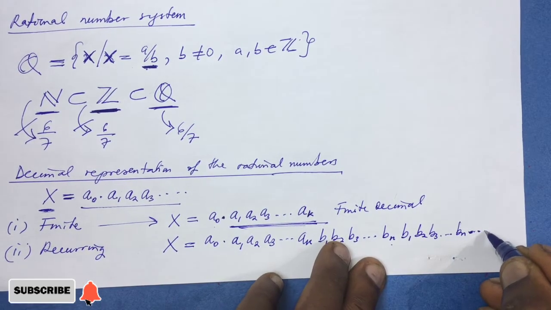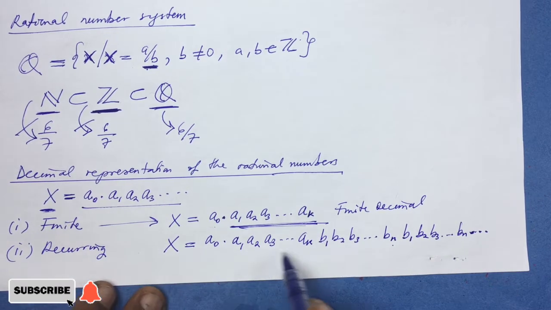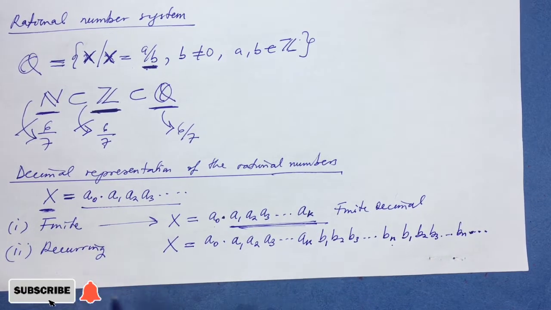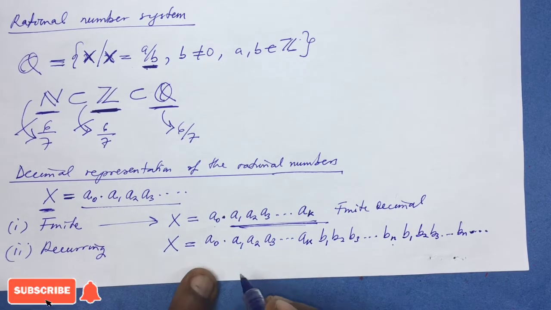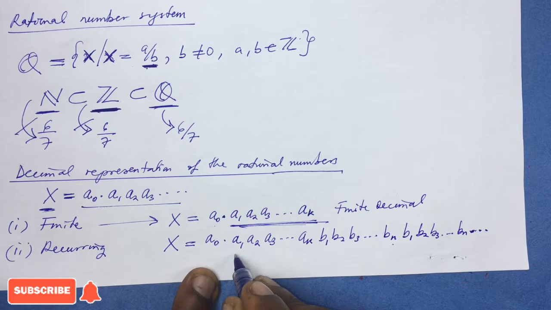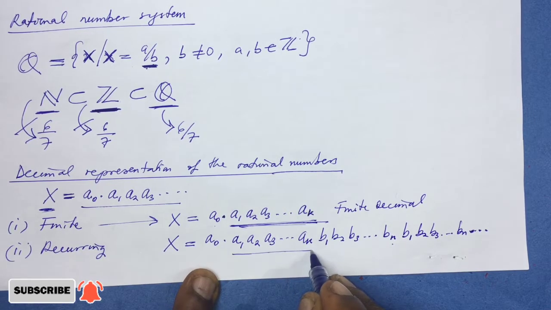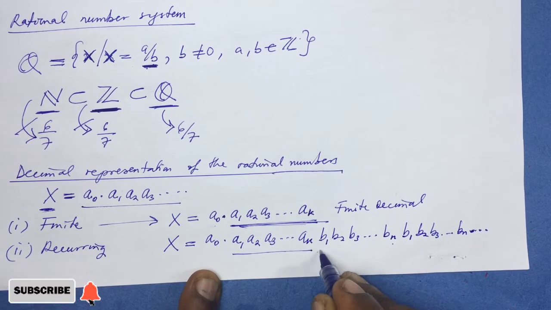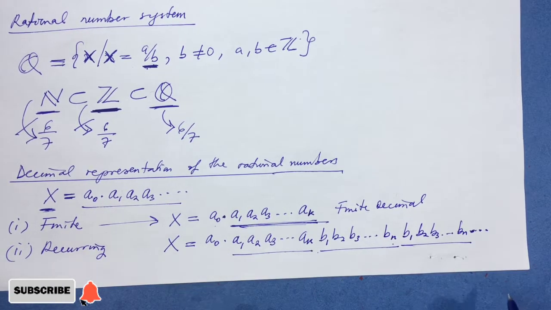Now, if a rational number is expressed in decimal form and it gives you, after the decimal point, probably a fixed block of digits, and after that fixed block of digits it starts giving you repeated digits, then that kind of number in decimal form must have come from a rational number.